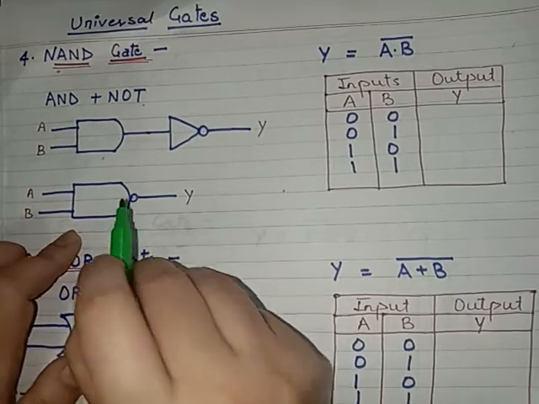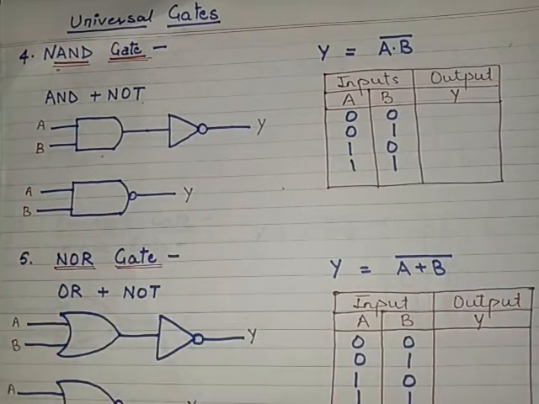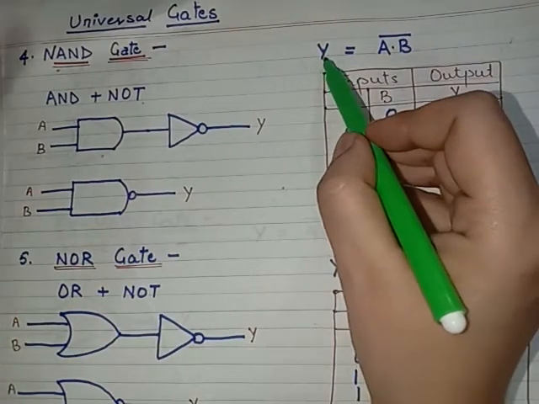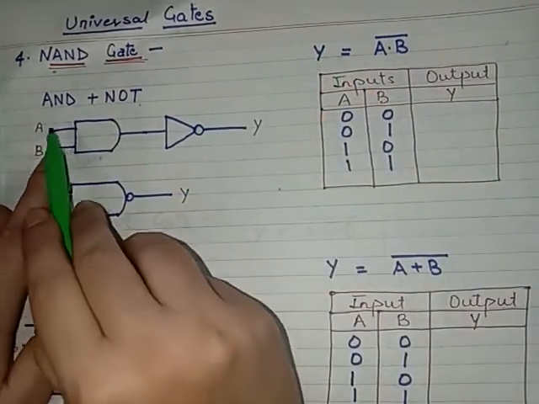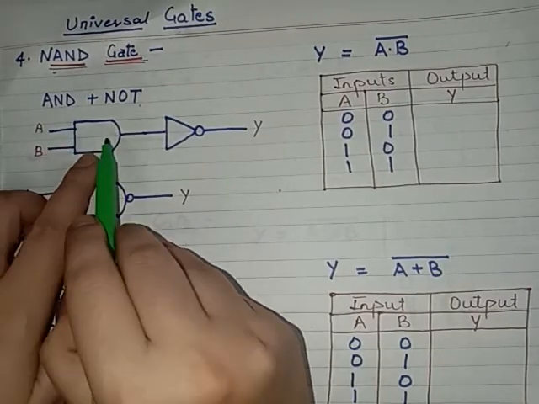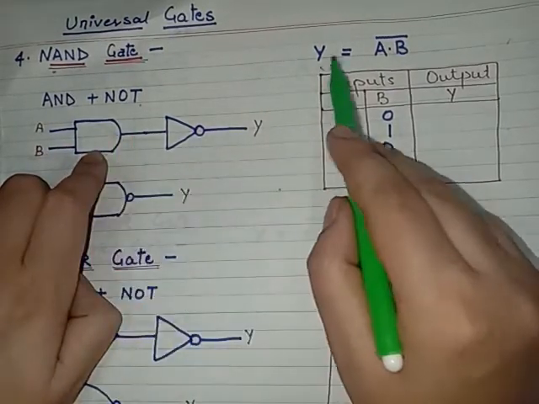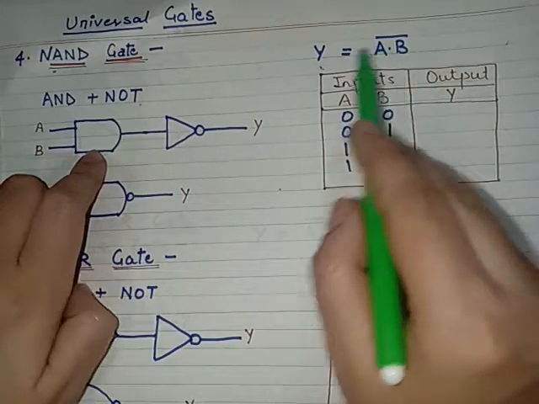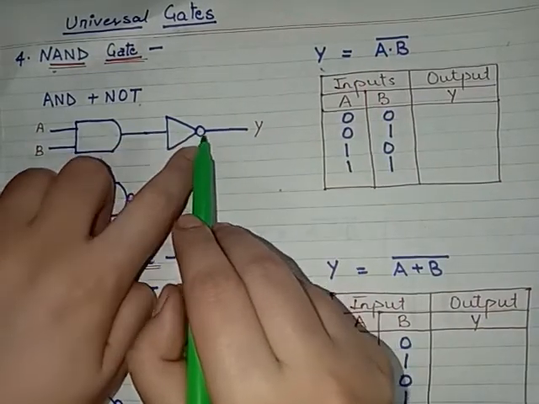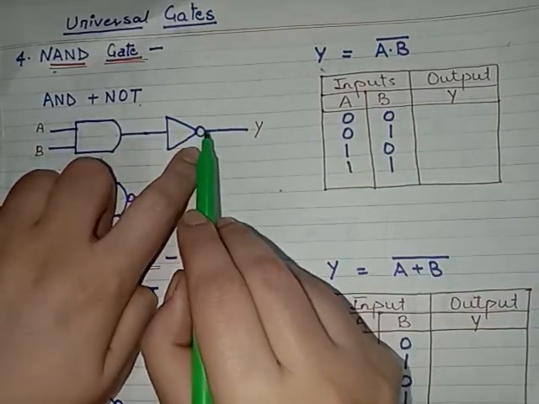So the relation of the input and the output here is, when we provide two inputs a and b, first of all it will be an AND operation, that is y is equal to a and b. But after that there is a NOT gate that will take the complement.